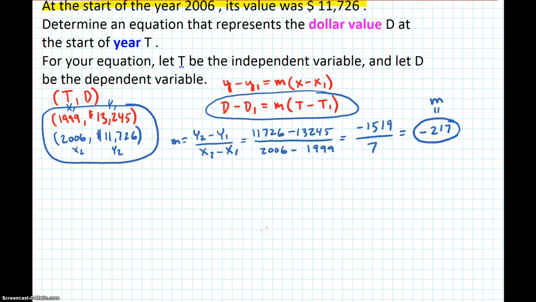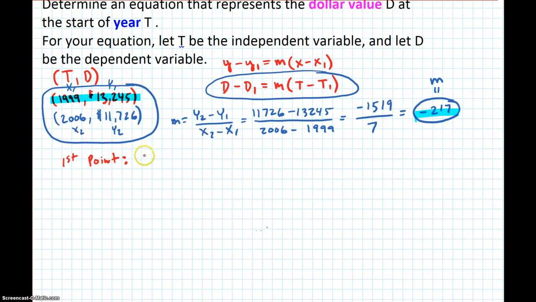So now I've got my slope. I've got 2 points here. I can write this in point slope form. So let's use the first point first and see what we get. If I use the first point, it's going to be D minus D1. Instead of saying all of these are x1, y1, I should have made this D2 minus D1, and this T2 minus T1.